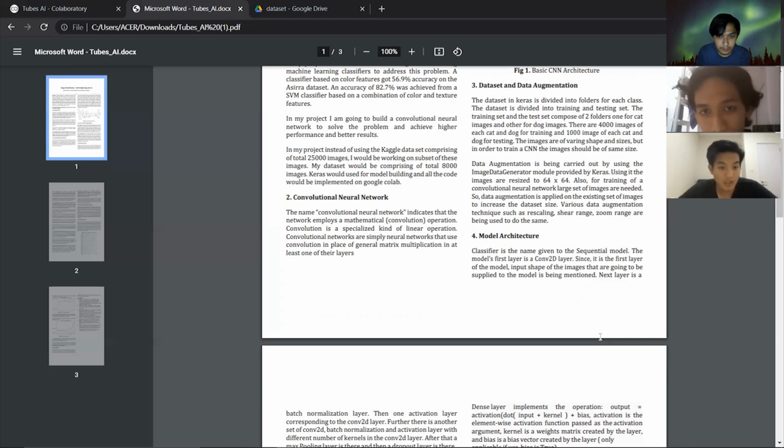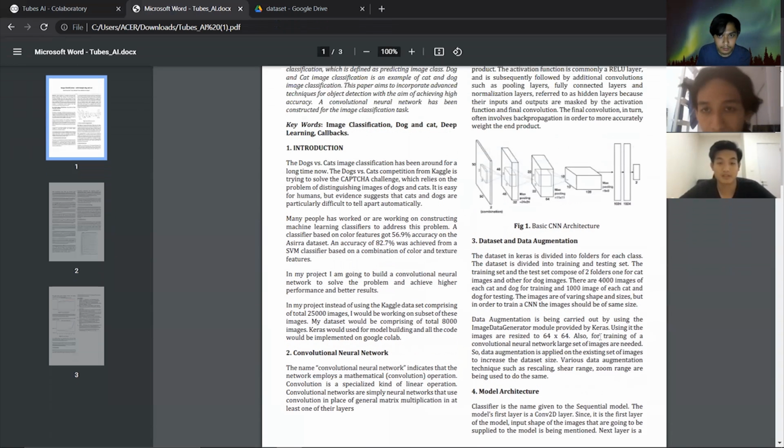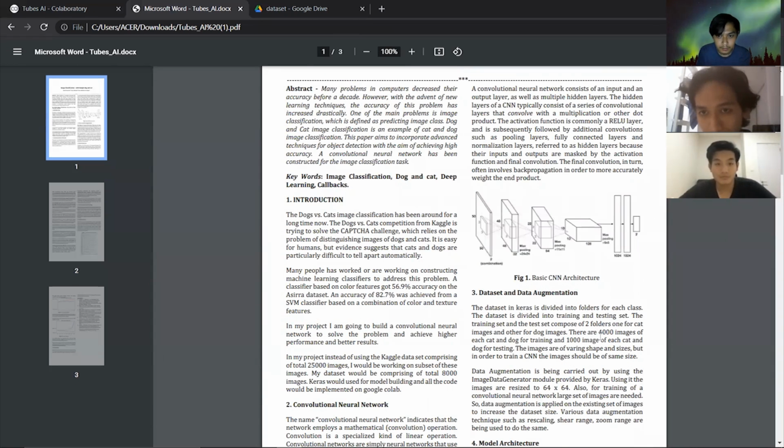Convolutional networks are simply neural networks that use convolution in place of general matrix multiplication in at least one of their layers. A convolutional neural network consists of an input and an output layer. This one is the figure of the basic CNN architecture we use.